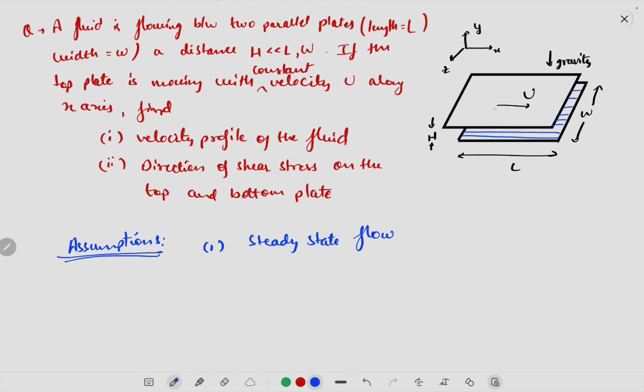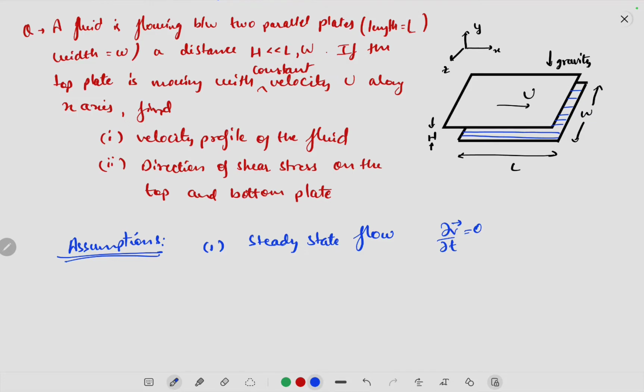And this plate is moving with a constant velocity which is independent of time. It's a reasonable assumption that the velocity which will be developed inside this fluid will also be independent of time, that is, del V by del t is equal to 0.